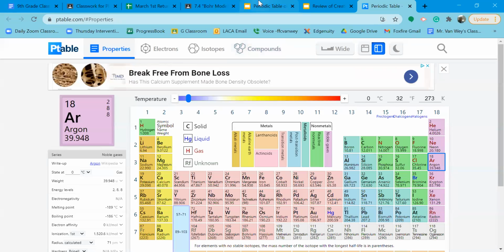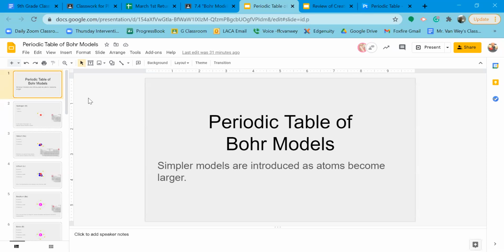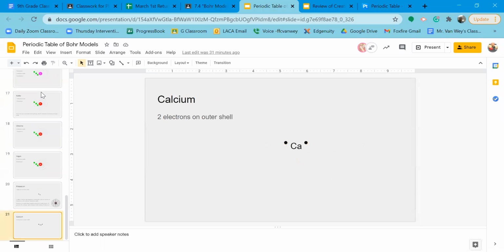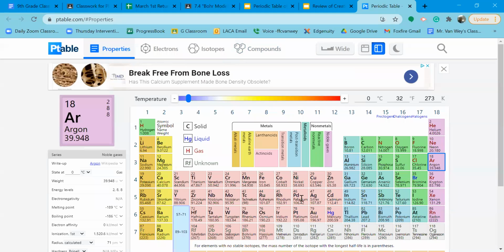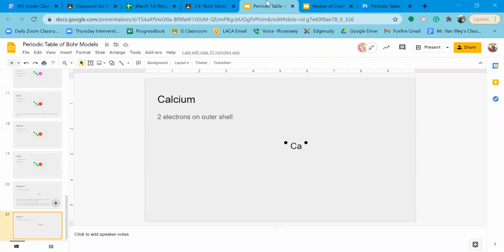Now, I have created a periodic table of Bohr models, and it goes pretty far. It doesn't cover every single element on the periodic table, but it goes all the way to calcium, which is all the way down here. And at this point, we start getting into the transition metals, and Bohr models don't make a lot of sense for us when we talk about transition metals. So in my periodic table of Bohr models, I stopped at calcium.